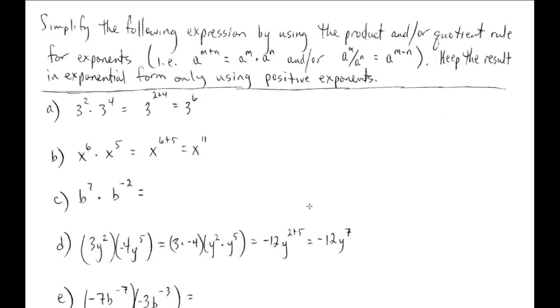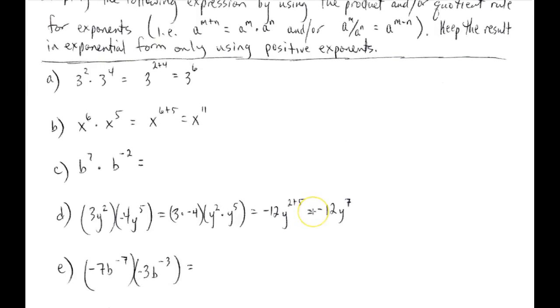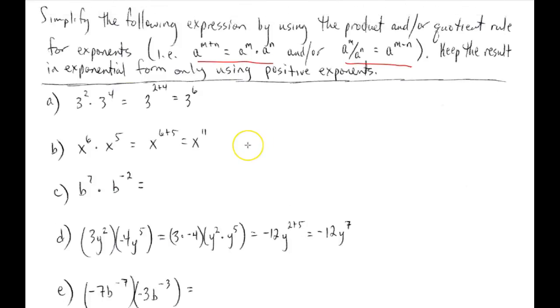So now what we're going to do in this example is specifically use these two rules to be able to reduce or simplify our expressions here. Okay. So for the first one, we see that 3 raised to the 2 times 3 raised to the 4.